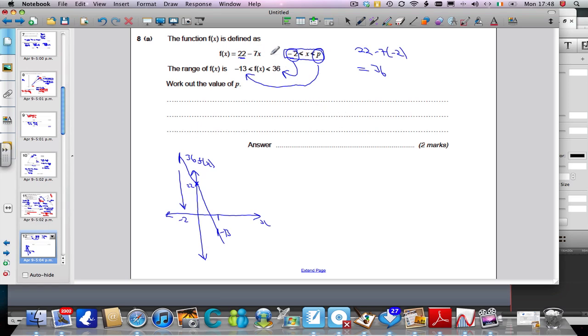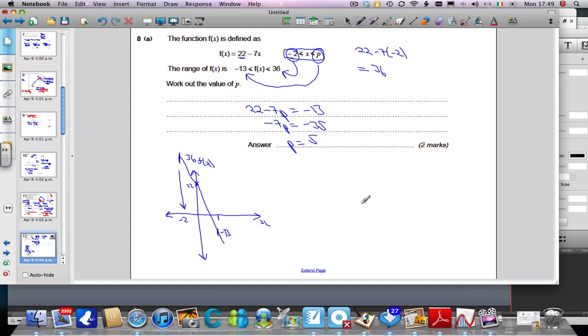So if I replace the x with p, it should be equal to -13. So 22 take away 7p should be equal to -13. Taking 22 from both sides gives us -7p equals -35. That means p should be equal to 5. And that is absolutely correct.